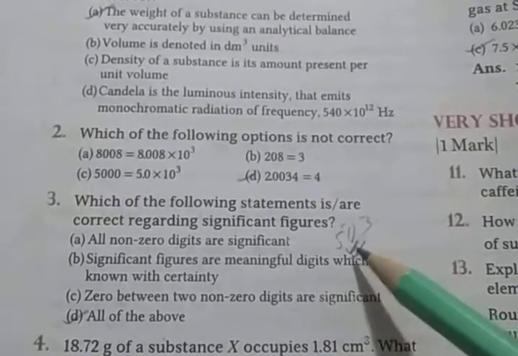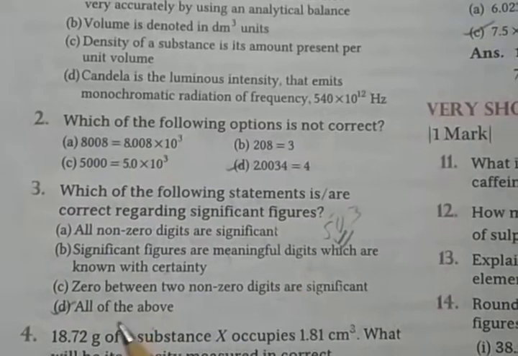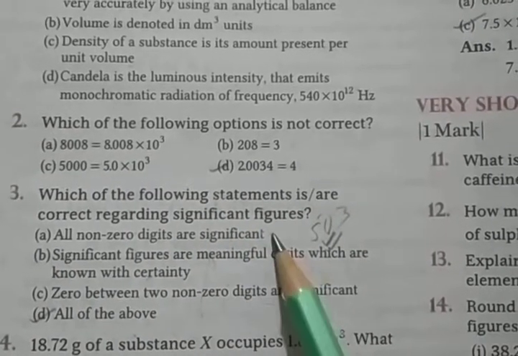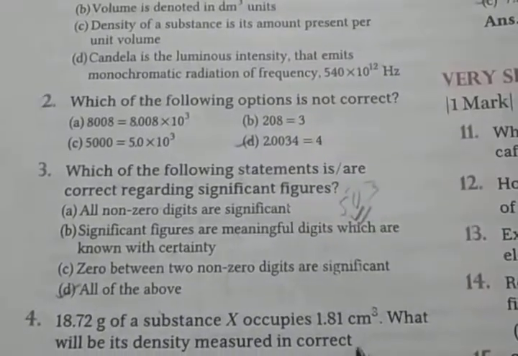So this is how we consider it. All non-zero digits are significant, significant figures are meaningful digits, and zero between two non-zero digits is significant. So all three are correct statements regarding significant figures. So option number D, all of the above.